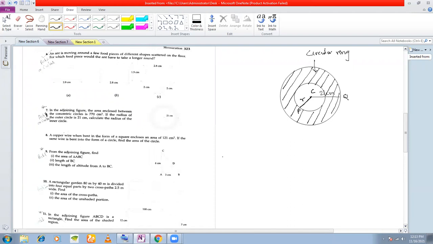You need to calculate the radius of the smaller circle, that is, small r. So I start by saying, let the radius of the smaller circle be r. Therefore, what is the radius of the bigger circle given?